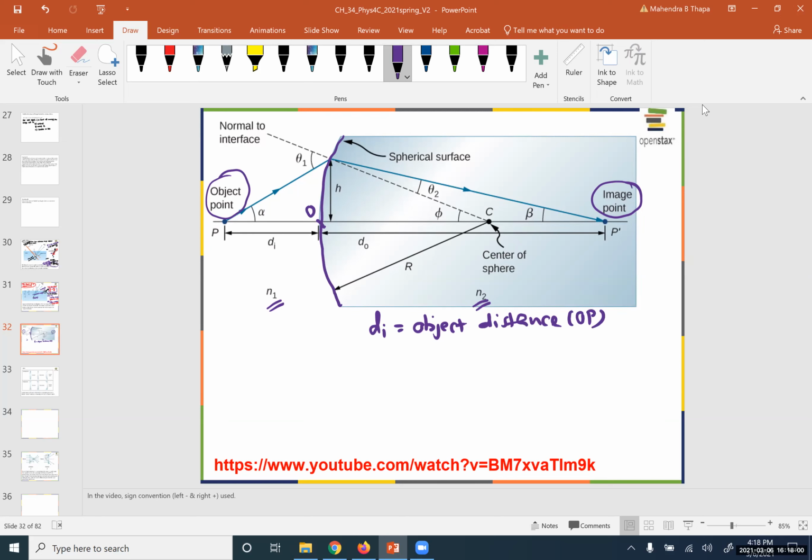And we'll see Di is the image distance. This is OP prime. So clearly this image is due to refraction.